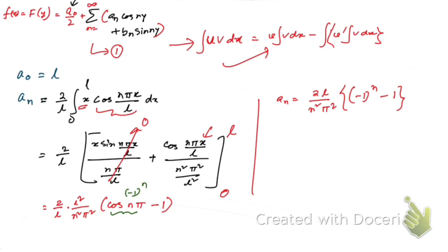Now for n equal to 2, 4, 6, that is n even, (-1) to the power an even number is plus 1. This is cancelled by the minus 1, giving 0. So an will be equal to 0 for n even.